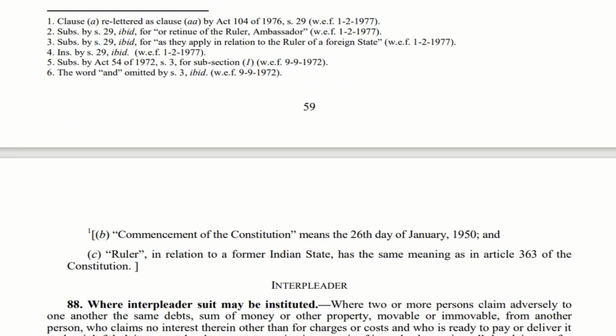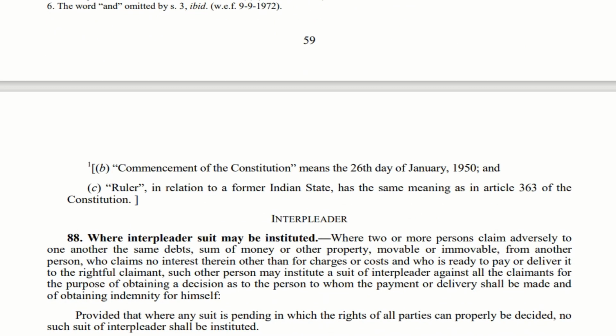Let us move to the next point, which is point B. Commencement of the constitution. When is the date of commencement of the constitution? Anything which happens prior to this cutoff date, you need to apply the principle we saw in subsection 1. So 26th January 1950 is the cutoff date. After this, if anything happens, then no problem.